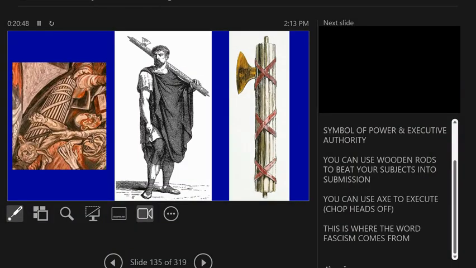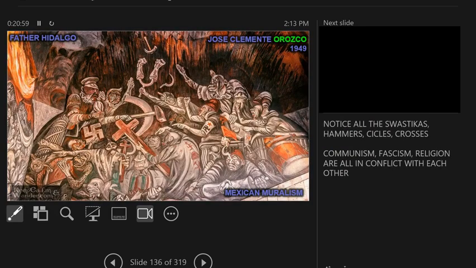But this is where the word fascism comes from. It comes from this object right here. So you can see it a lot in artworks. We'll see another one in a few more slides. But I want to come back to the message here, that fascism and communism and religion are all fighting amongst each other, and there's constant conflict with each other.